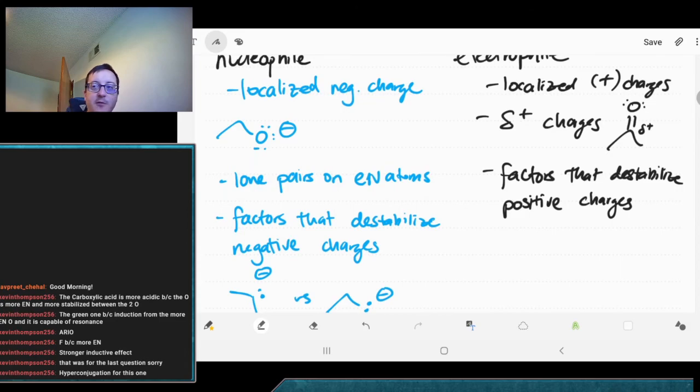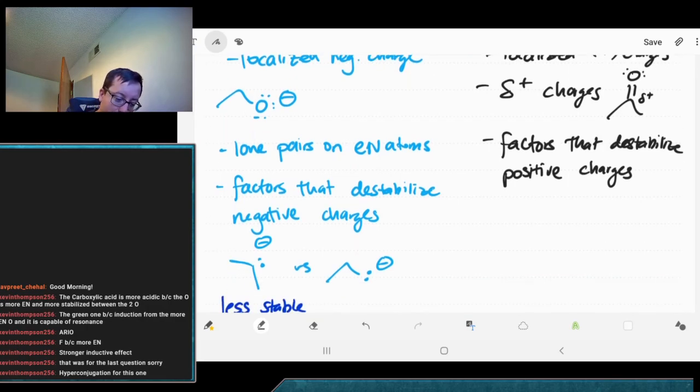So, for example, if you've got a tertiary carbocation versus a primary one, remember that primary ones are much less stable than tertiary ones. Electrophiles get attacked by nucleophiles. So the more unstable your electrophile is, the more likely it is to be attacked. And so, again, here, let's look at our examples.